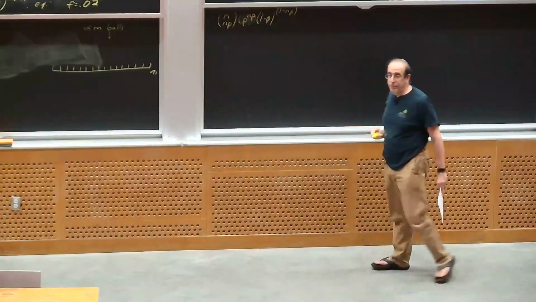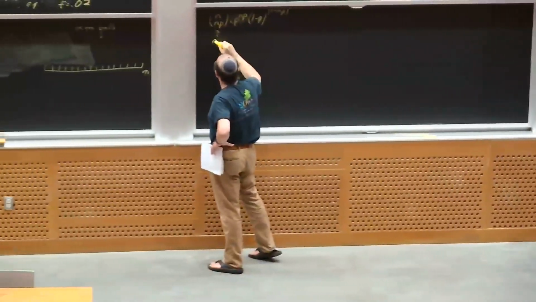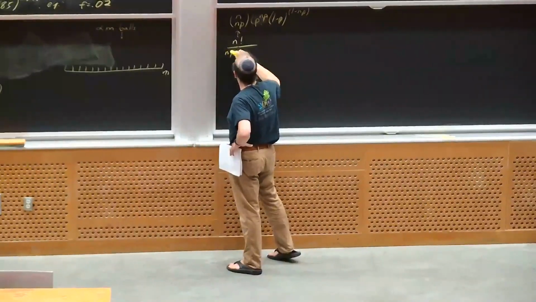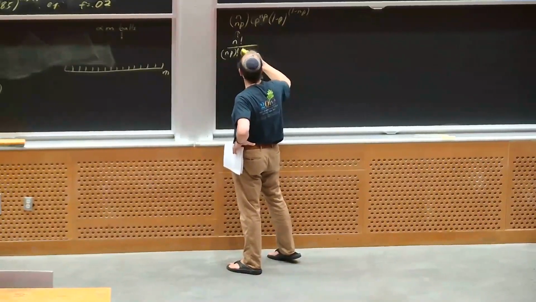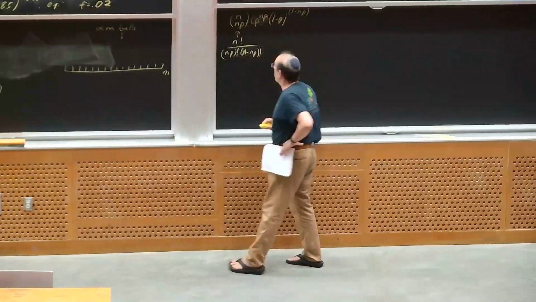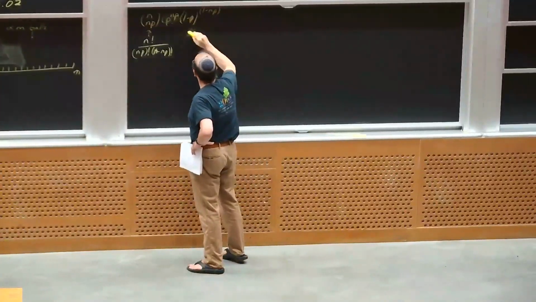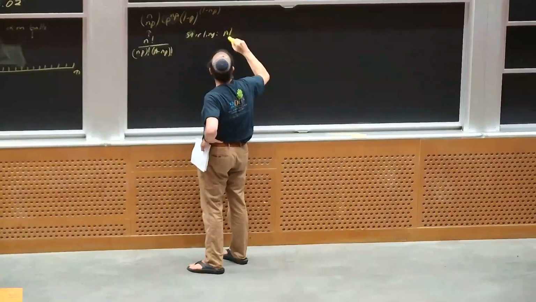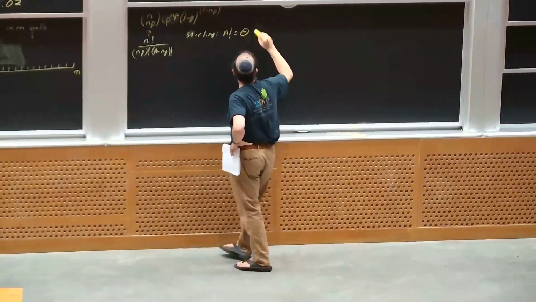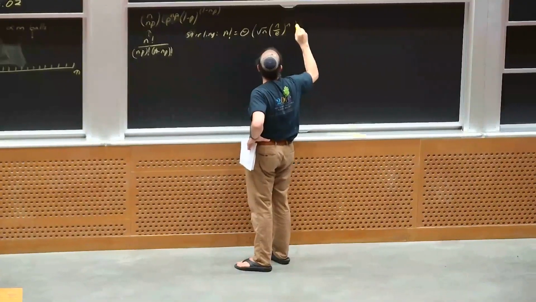This can be written as n factorial over (np factorial times (n minus np) factorial). And now we use Stirling's approximation, which says that n factorial is theta of root n times (n over e) to the nth power.